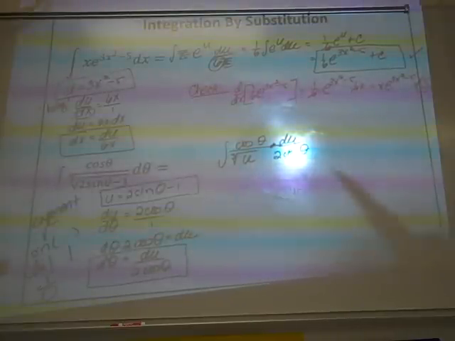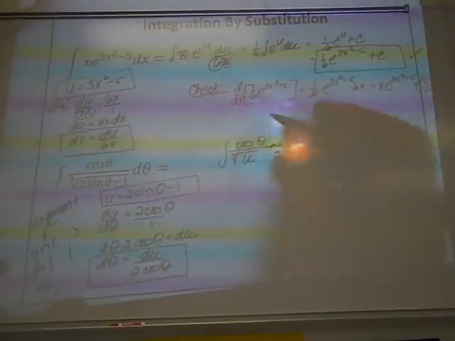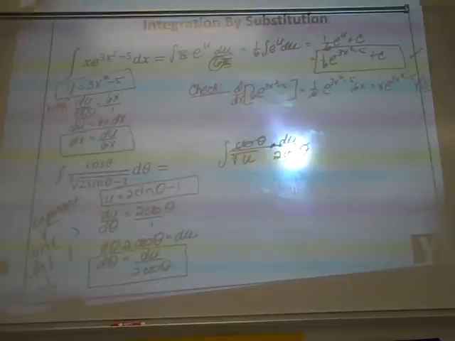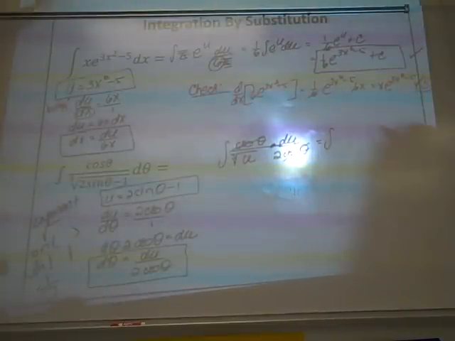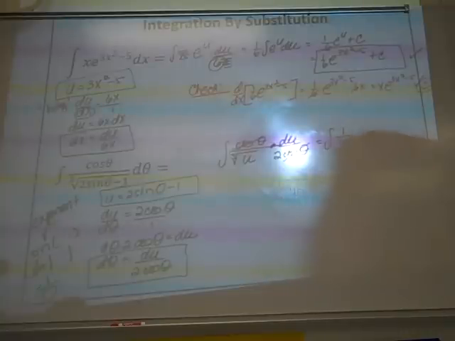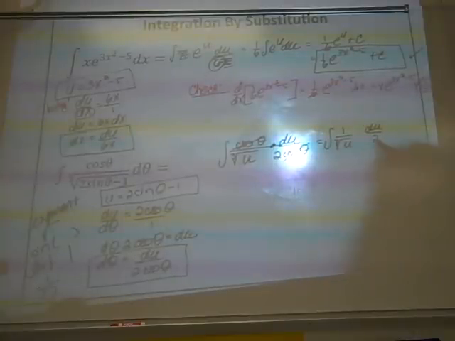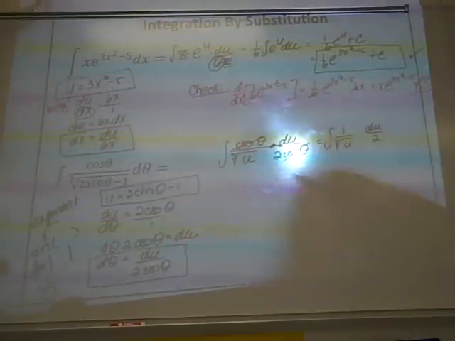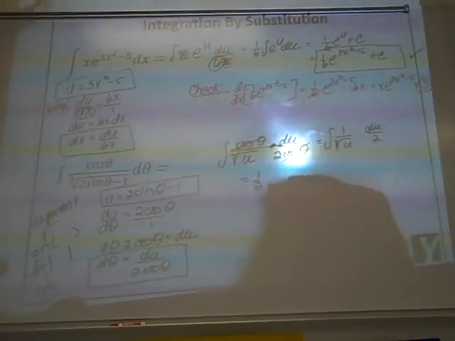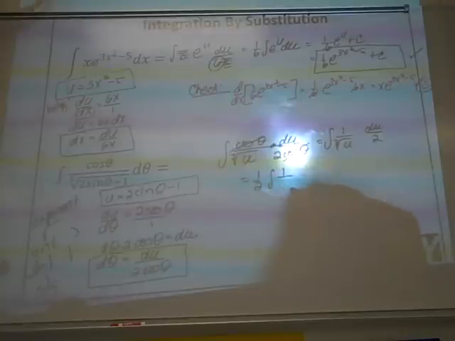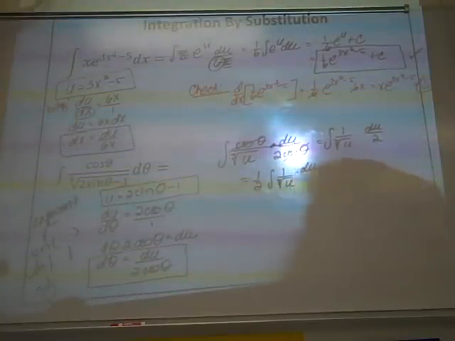I bet you're starting to see it. The cosine theta and the cosine theta are going to cancel out. Let me clean this up a little bit. So now I have 1 over the cube root of u times du over 2. That 2 is a constant. I can pull it out front. So 1/2 times the indefinite integral of 1 over the cube root of u du.